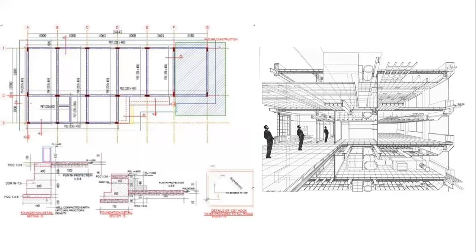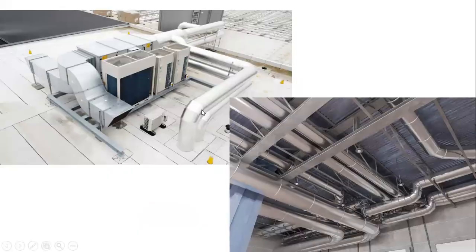Okay, and then once the architecture and structural is finalized, inside the building we require an air conditioning system. For example, even if you go to a small shopping mall like D-Mart, we never see a ceiling fan. We always see a central AC. If you see here, this is about the air conditioning system.